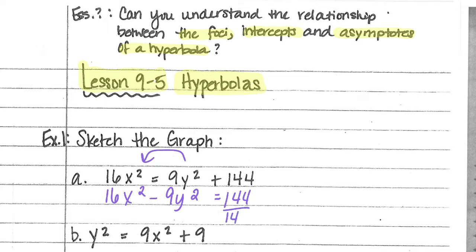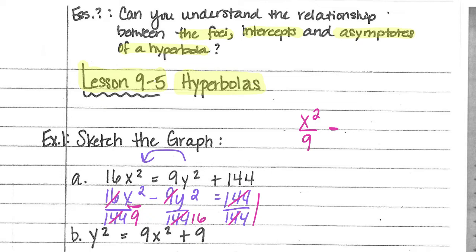So I'm going to divide here by 144, here by 144, and here by 144. And when I cancel out, 16 goes into 144 9 times, and 9 goes into 144 16 times, and this is equal to 1. So what I have is x squared over 9 minus.